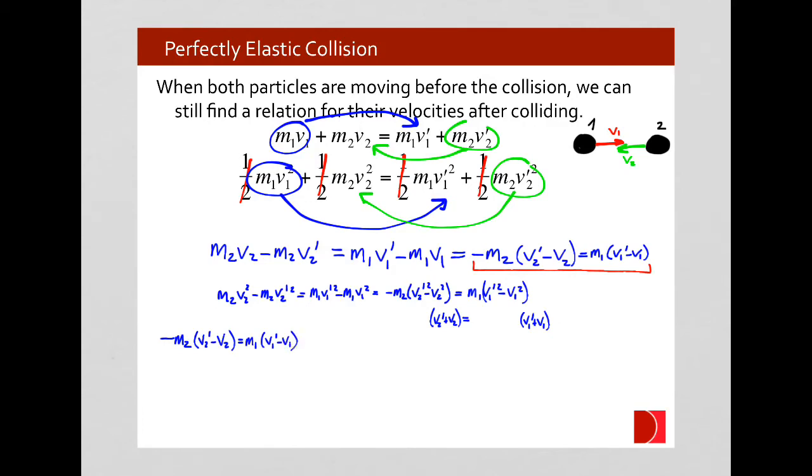But if we want to solve for v1 prime, for example, we have to eliminate v2 prime. How can we eliminate v2 prime? We can come over to this other relationship, and we can say that v2 prime is equal to v1 prime plus v1 minus v2 if we move v2 over to the other side.